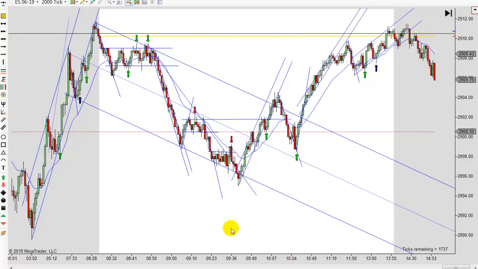And the thing to remember here, you can chase these and they probably work. But what they'll do is reinforce a bad habit of breaking the rules, and the next time you'll do it again because you'll remember it worked. Man, I caught a great move on that thing. And the next 5 or 6 times you try it, you lose, and you give all that money back you made plus some.